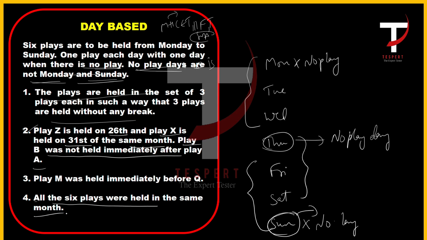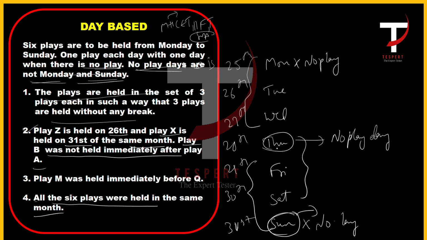So as there are 6 play days, with one no play day, we will make the schedule from 25th to 31st of the month. So Monday will be 25th, Tuesday will be 26th, 27th, 28th, 29th, Saturday will be 30th, and Sunday will be 31st, right? Sunday will be 31st.